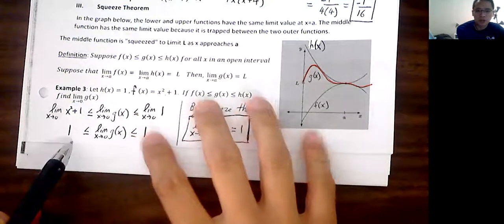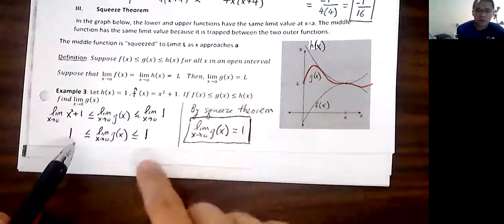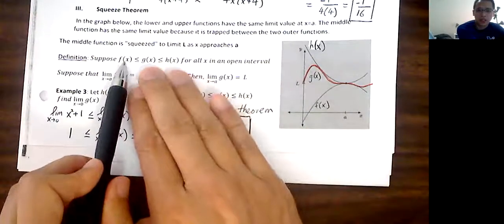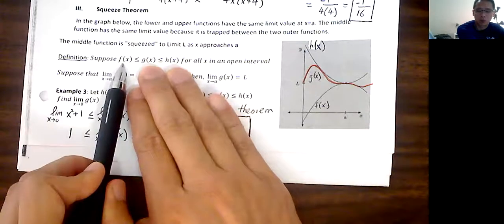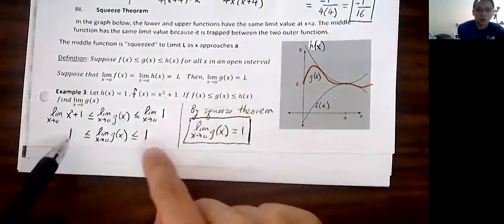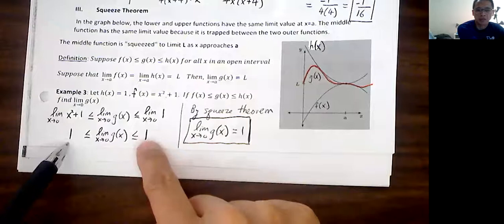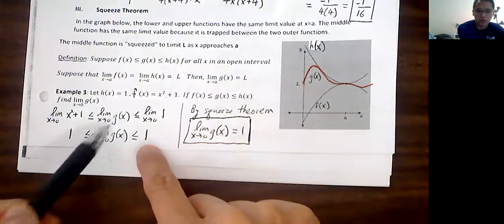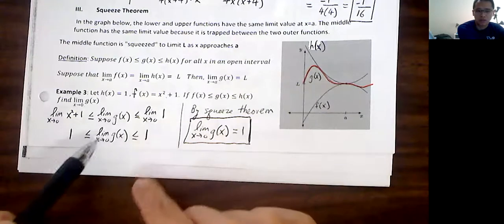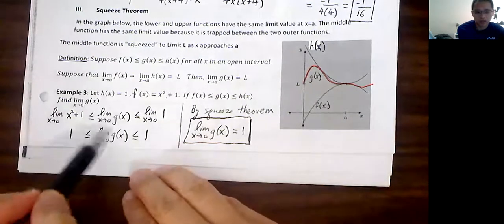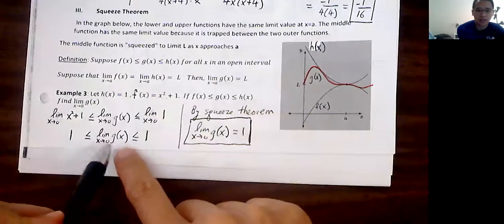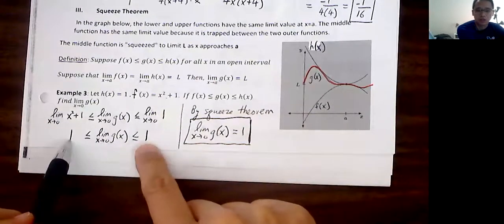So squeeze theorem is only going to be successful if there's a relationship established between lower, middle, and upper, and the lower and upper happen to be the same value. Then we're able to use common sense to conclude that the middle is also equal to these values.